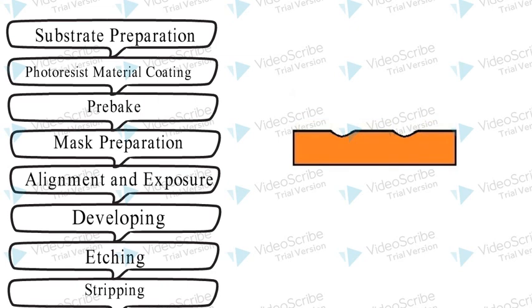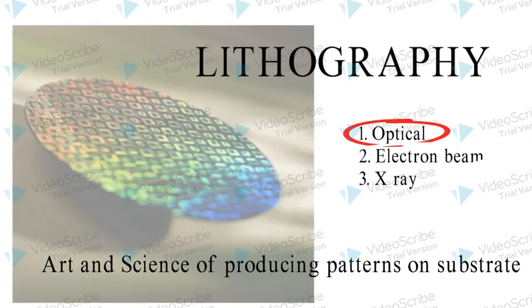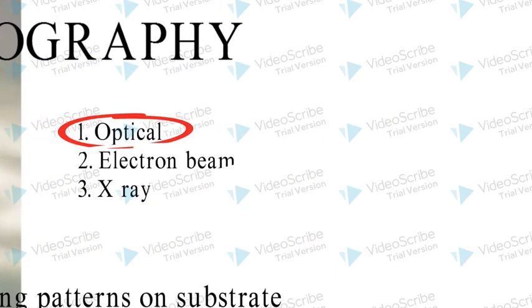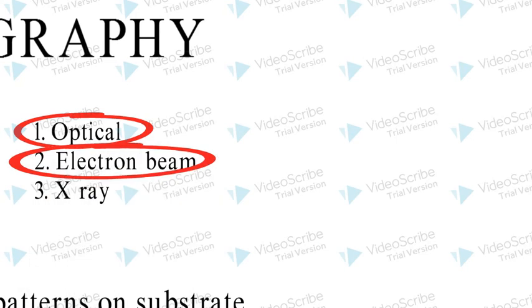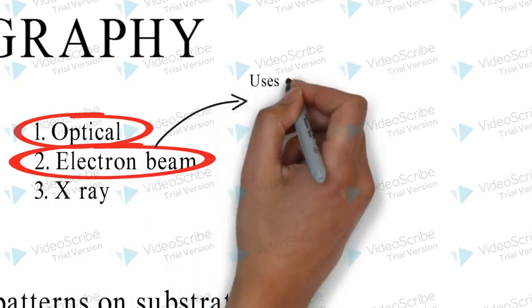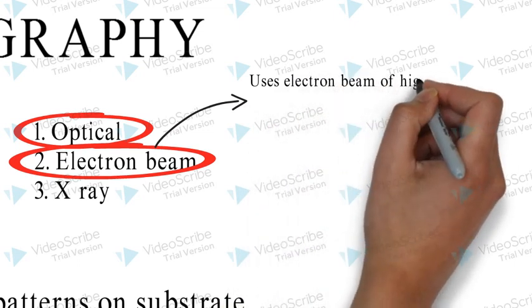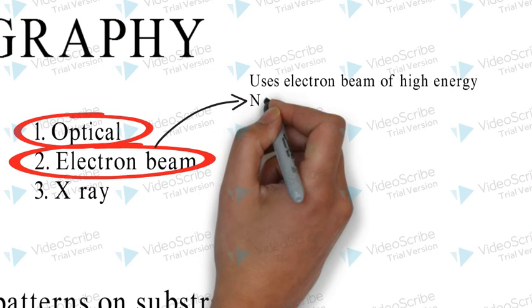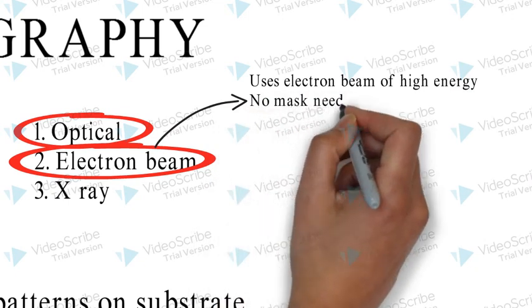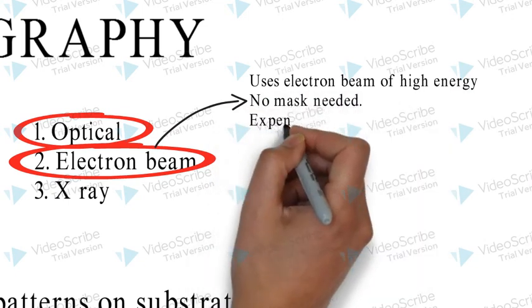For the other two techniques of lithography, that is electron beam lithography, it uses a high current density electron beam as a source of exposure. The mask is not needed in this case because the electron beam is directly aimed at the wafer. This is a time consuming and expensive lithography but gives more resolution than optical lithography.